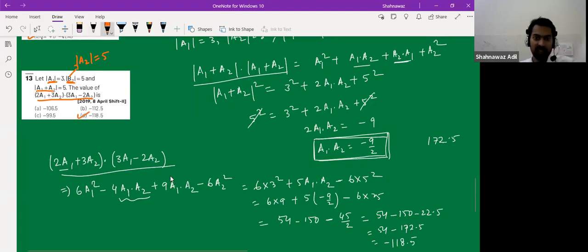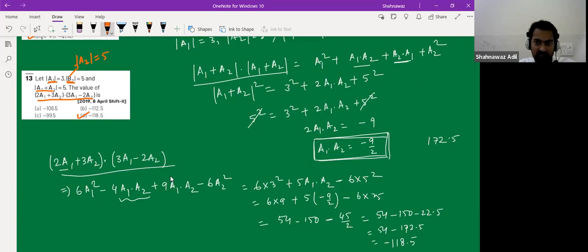So the vector part is done. This we needed to learn about the vectors, and I hope this will be enough for the vector part.